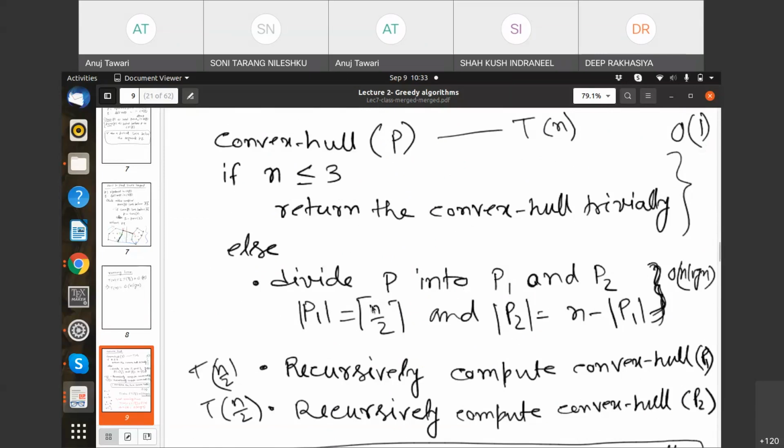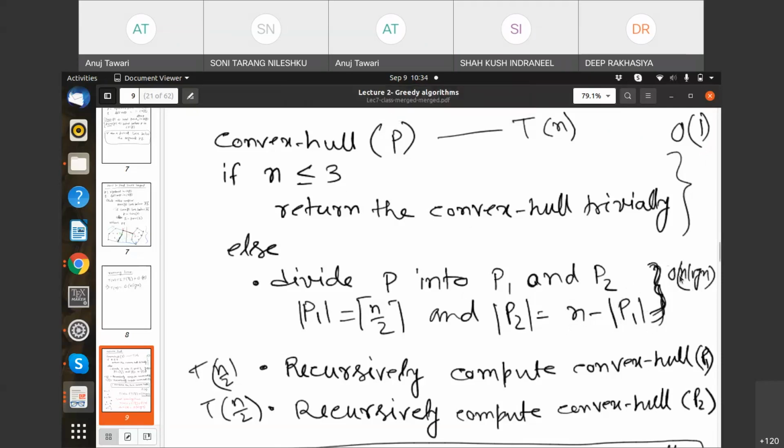Otherwise, we divide P into P1 and P2. So P1 is n over 2 and P2 is n over 2, roughly. This step you can do in n log n time because, of course, median you can find in big O of n.